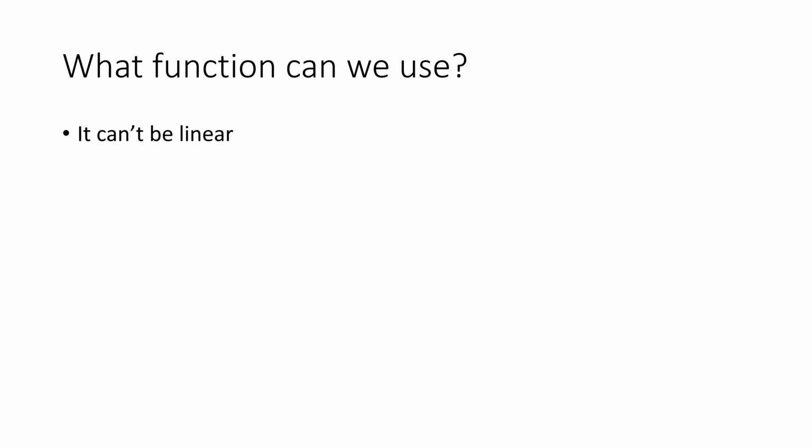We know it can't be linear. It must have probabilities built in, i.e. you take an x variable and it must map to a y variable between 0 and 1. The x-axis can be any number you like, 10, 100, 1,000. The y variable must be scaled between 0 and 1, i.e. we're working with probabilities.